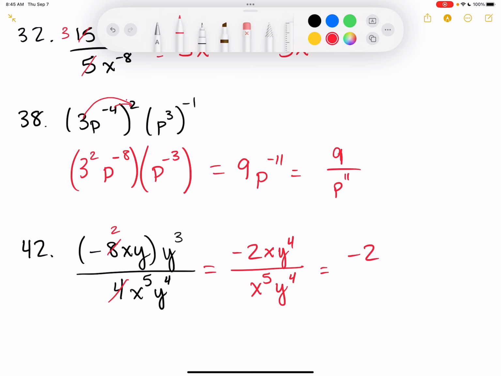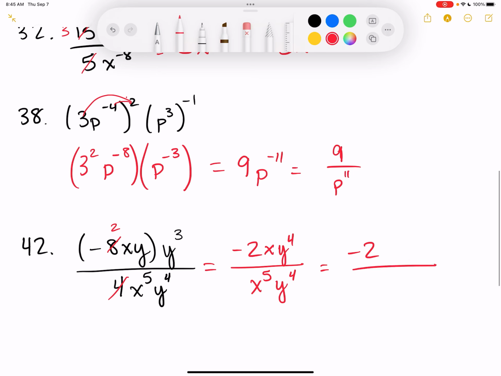Then on the bottom, I'm going to have x to the 5 minus 1. And then over here, when they're the same, so y to the 4th is the same top and bottom, you can just treat that like you would if you had a 4 on top and a 4 on the bottom, where you just cancel them out. So I'm just going to cross them out like that. And so then my final answer is going to be -2 over x to the 4th.